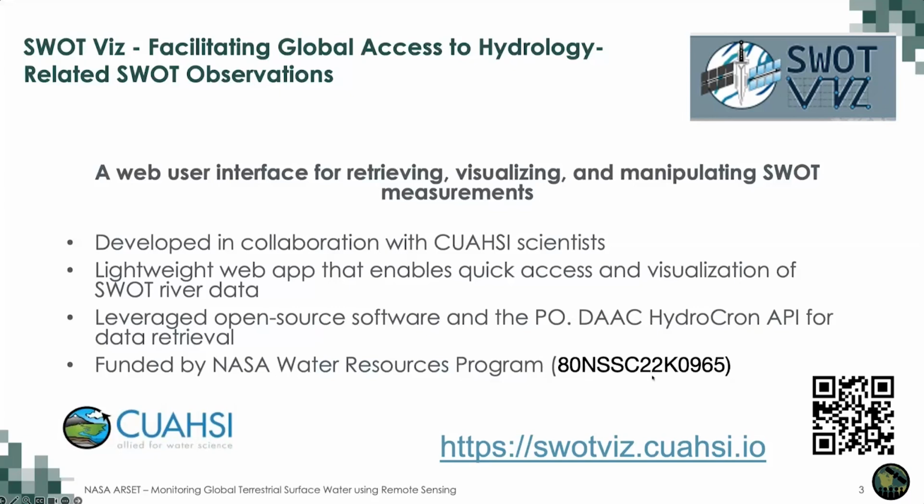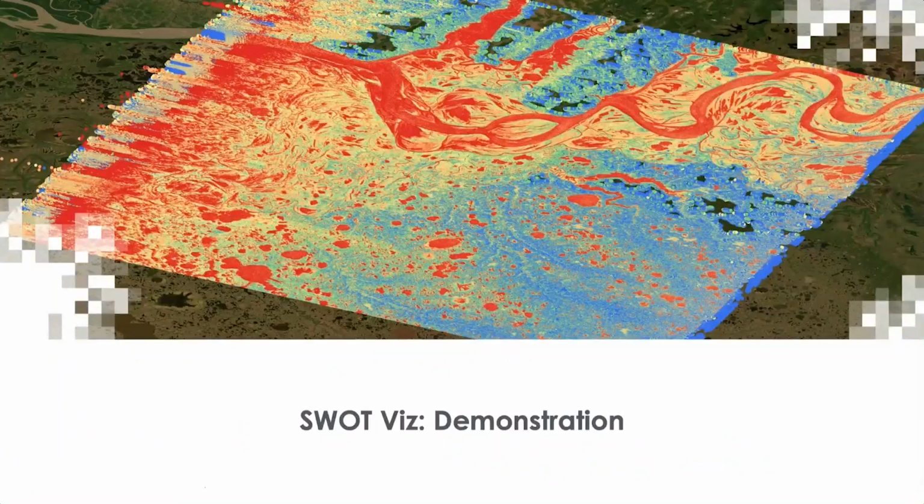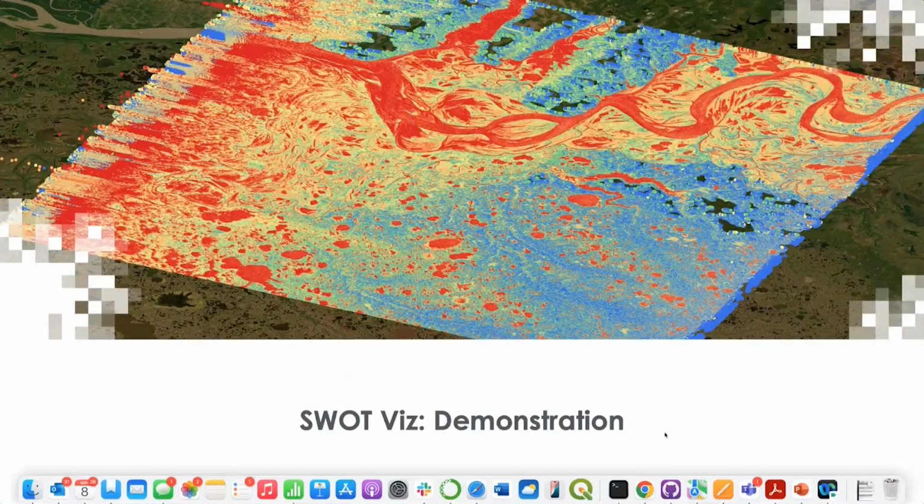This was built initially to help our colleagues in Alaska and the water resources program there help end users in Alaska access SWOT data and explore quickly. So enough about the app, let's go and explore just a little bit.